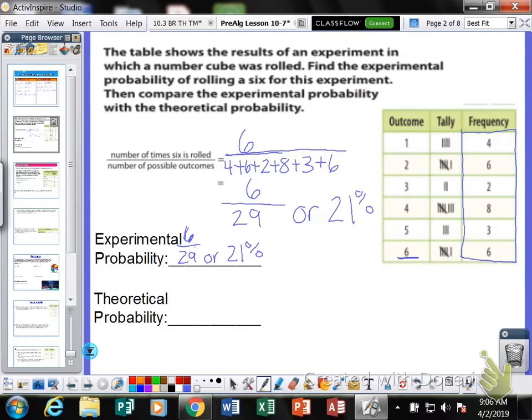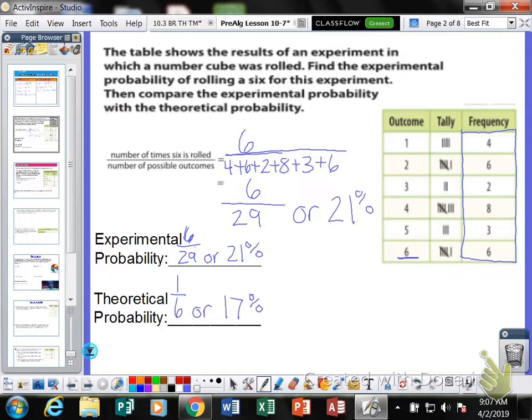So the theoretical probability of rolling a 6 is 1/6, or about 17%. Okay, and this is because we have a 6-sided cube. Okay, so each side of the cube has a 1/6 chance of being rolled. Okay, it's theoretical what should happen, and our experimental is what actually occurred.